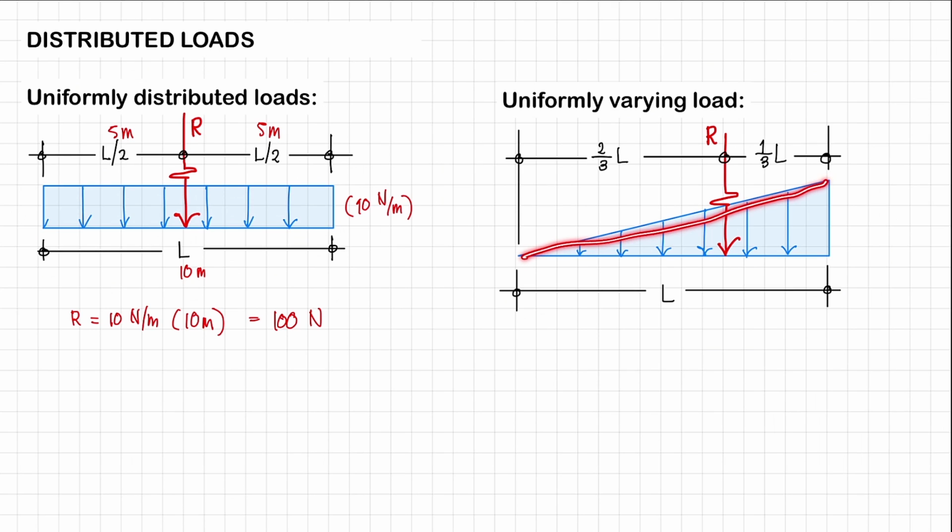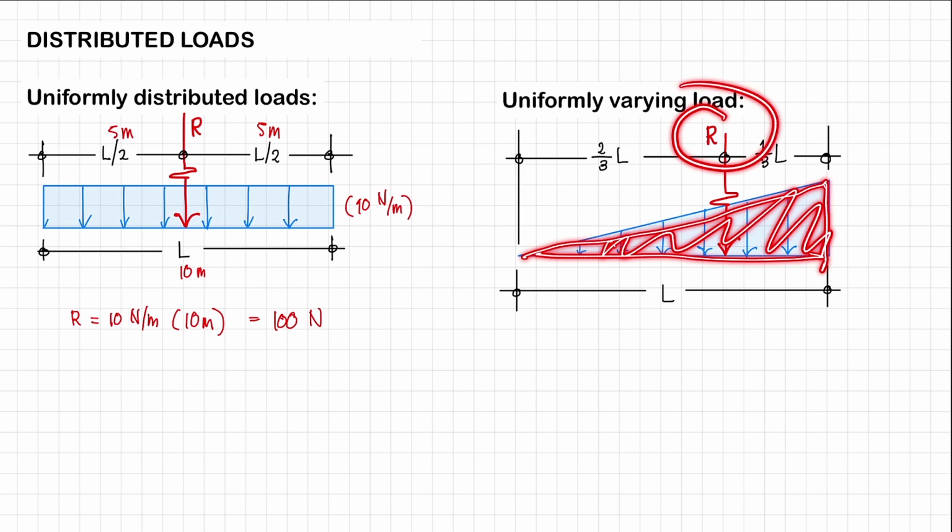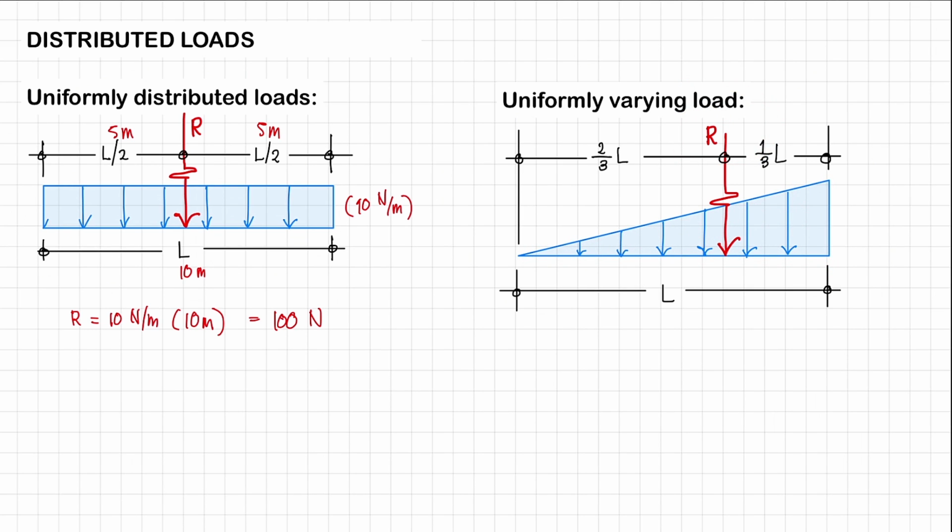For a uniformly varying load, it's the same thing. You just need to compute the area under your loading diagram so that you could compute your resultant. A uniformly varying load typically takes the shape of a triangle. So R is going to be one half base, let's say again, 10 newtons per meter and 6 meters.